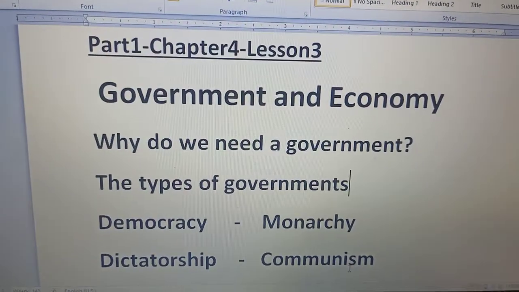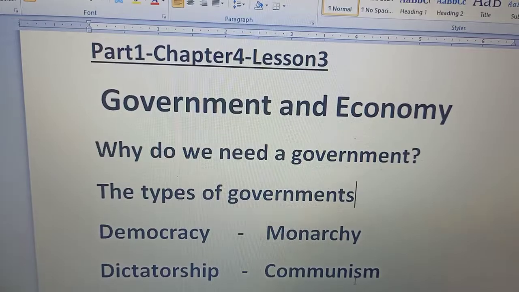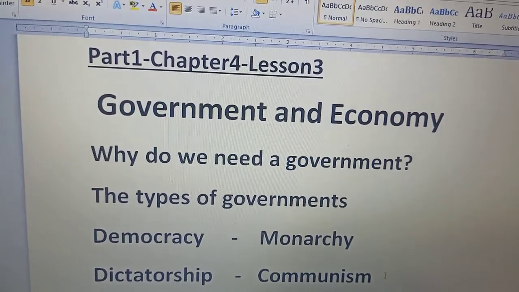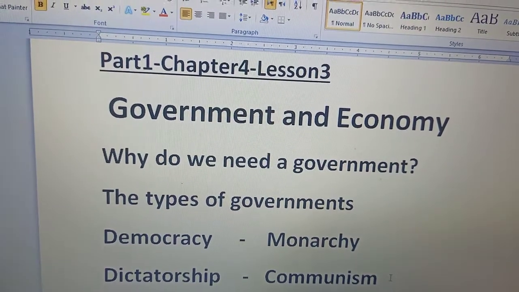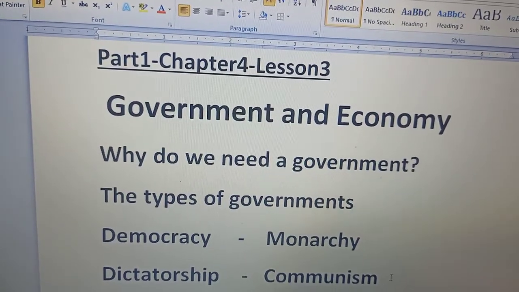Let's move to the third type of government, dictatorship. Dictatorship is ruled by a single person, called the dictator, who holds all the power and often rules by force.